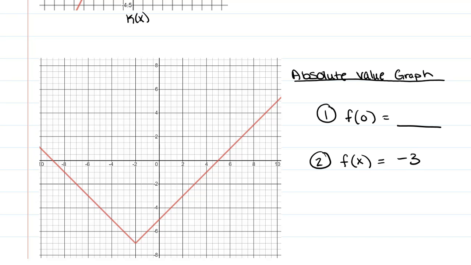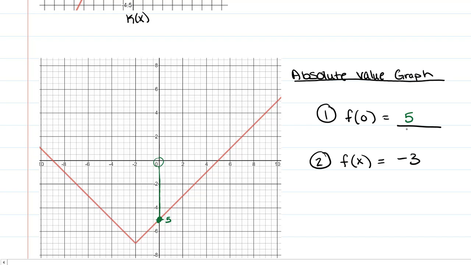Let's look at two last examples here on this absolute value graph. So the first one is f of 0. So when the input is 0, that means on the x-axis, I'm looking for 0. So here's 0 on the x-axis. I go find my graph, and the output is 5, meaning the value on that y-axis, that is 5 right there.